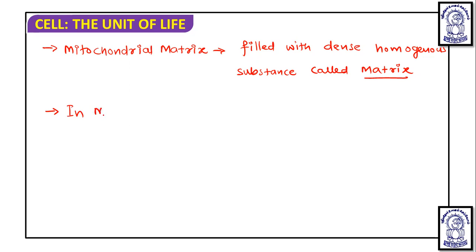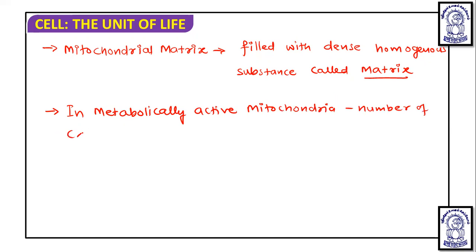So in metabolically active mitochondria, the number of cristae is higher.